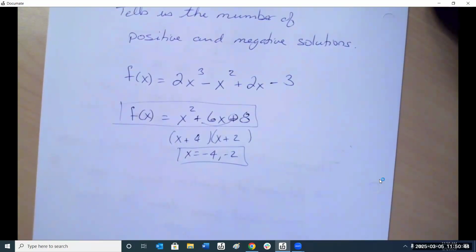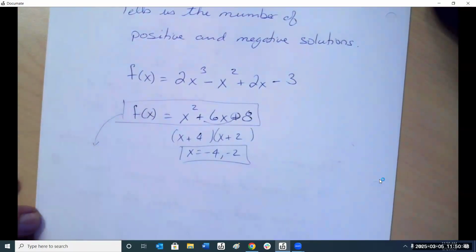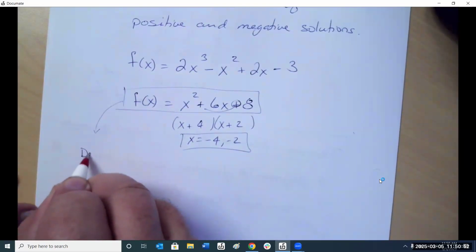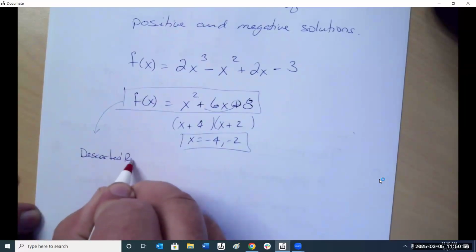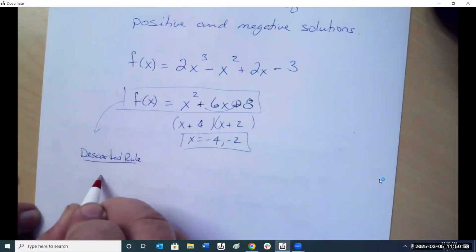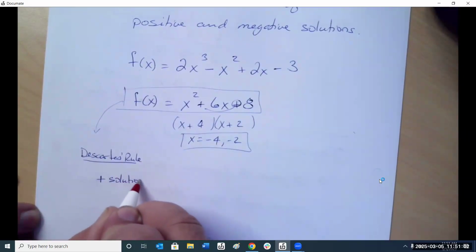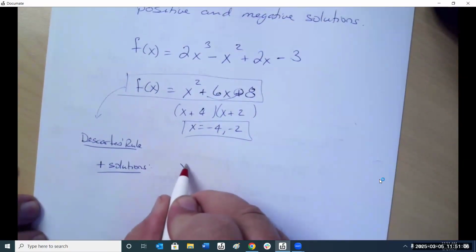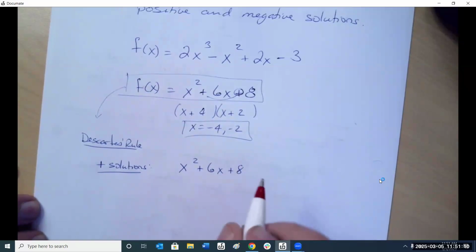So from this, Descartes' rule of signs for positive solutions: we look at the number of sign changes. x squared plus 6x plus 8.